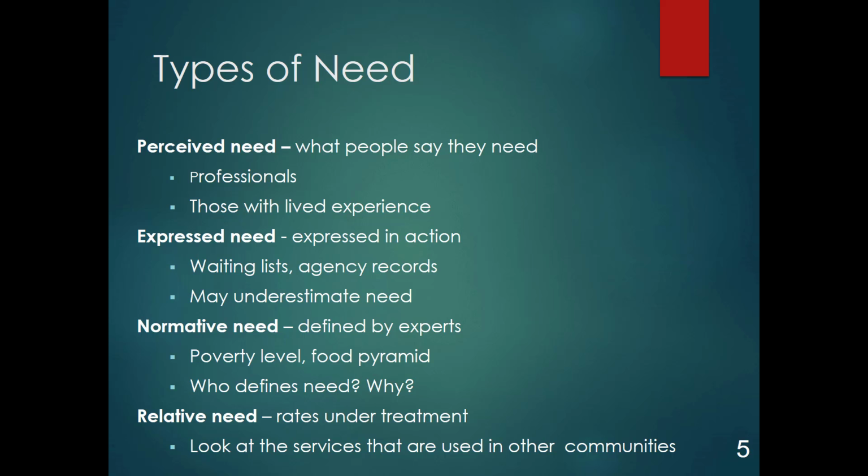Normative need is a perceived need defined by experts. So, not by the people themselves, but by people who are experts. A normative need reflects what the experts believe that people generally need based on a set of data or criteria. For example, poverty level or a food pyramid, right?